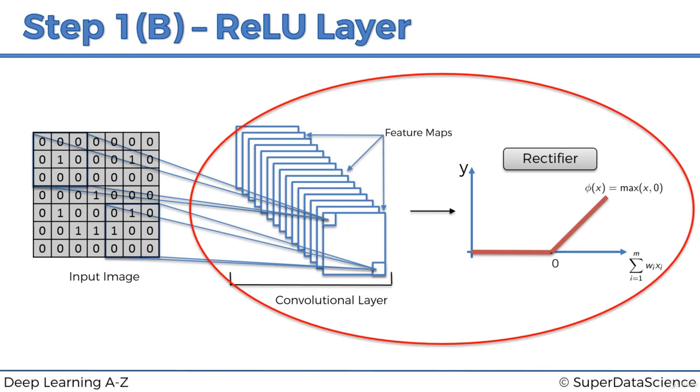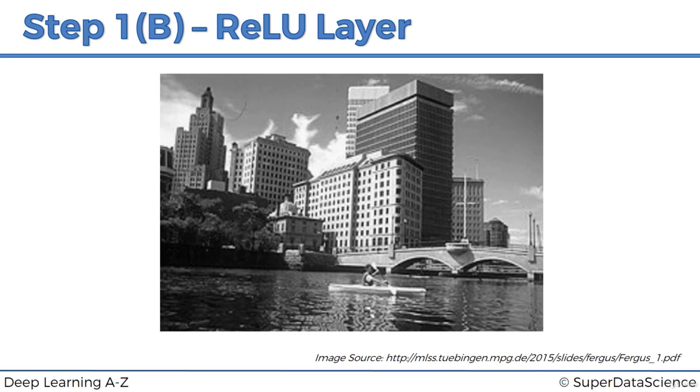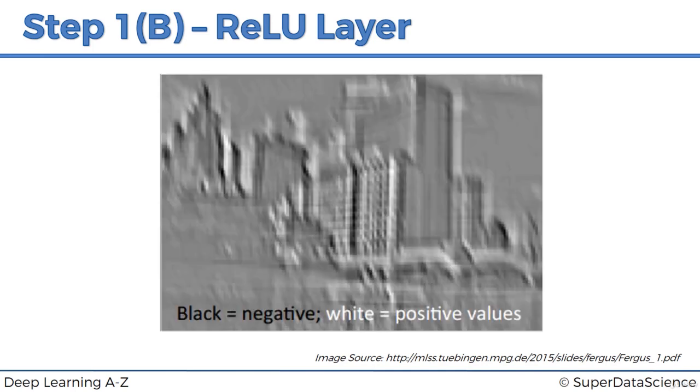So let's have a look at an example. Here is an original image. Now, when we apply a feature detector to this image, we get something like this. So you can see here that black is negative, white is positive values. Well, when you apply a feature detector to a proper image, which has not just zeros and ones, but lots of different values, and feature detectors can have negative values in themselves, sometimes you'll get negative values.